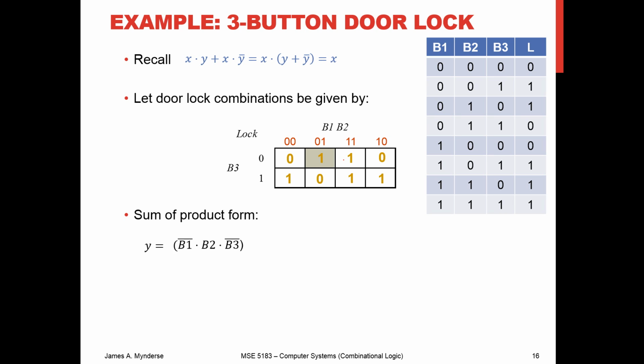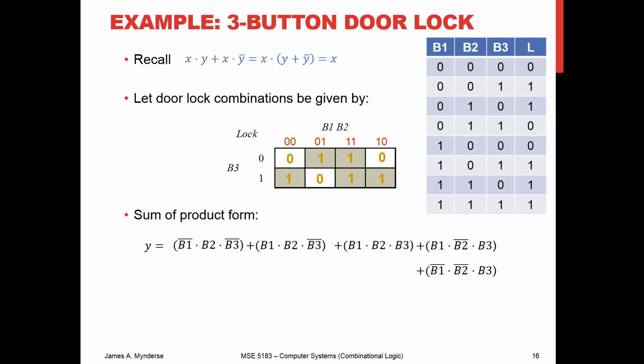And so if we write out our sum of products, we've got not B1 and B2 and not B3, or B1 and B2 and not B3, or B1 and B2 and B3, or B1 and not B2 and B3, or not B1 and not B2 and B3. There's our 5 different combinations.